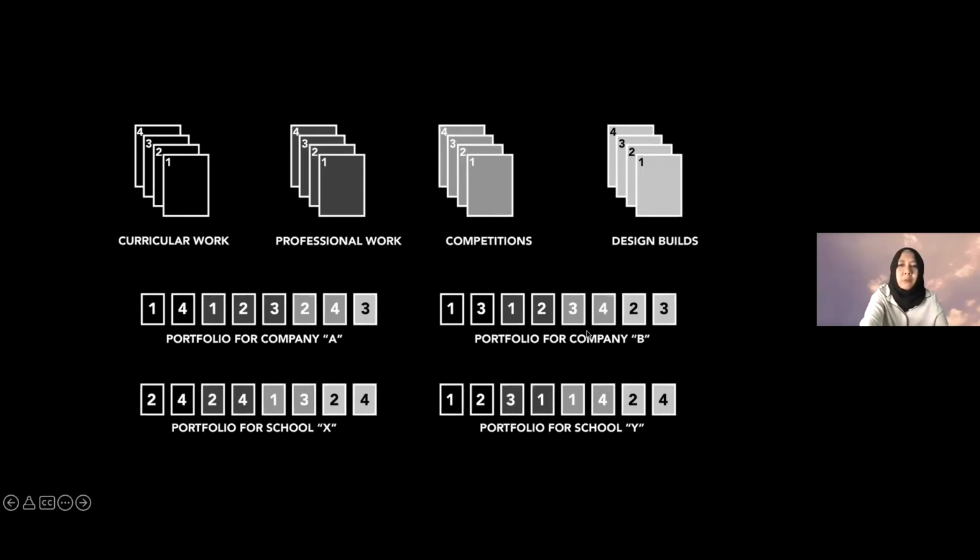So it should be about finding what would interest them. For example, School of Architecture X is renowned for its state-of-the-art technology, design, and so on, while School Y is more about sustainable design and so on. So make sure of that.